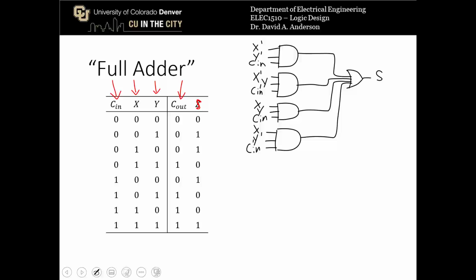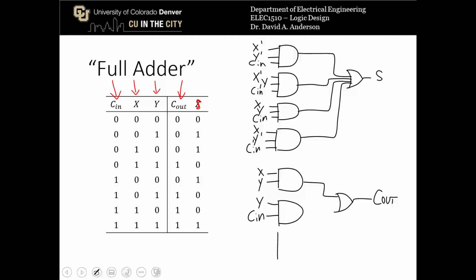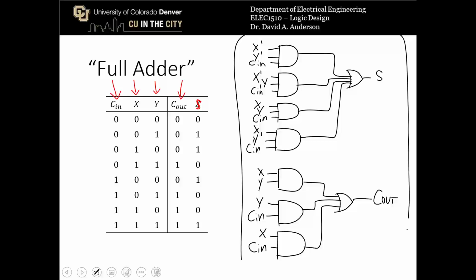The carry out bit is the sum of 3 products. The first is xy. The second is y carry in. And the third is x carry in. And this hardware is what we would call a full adder block.